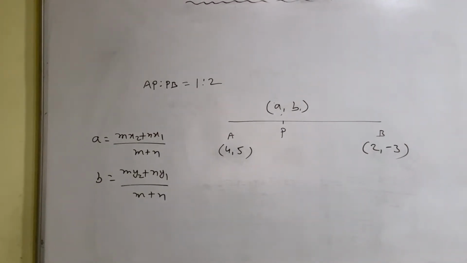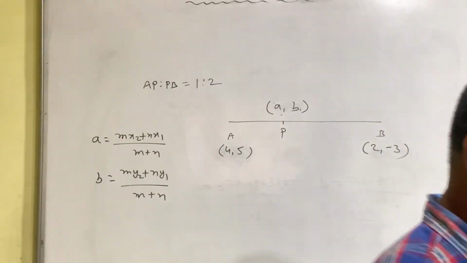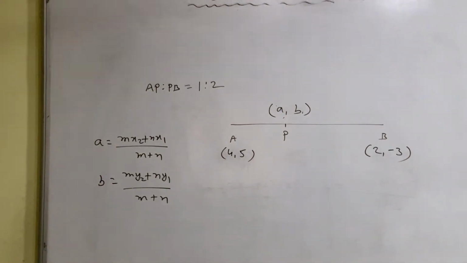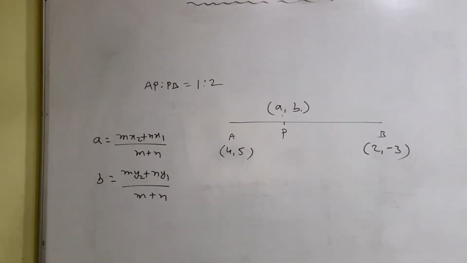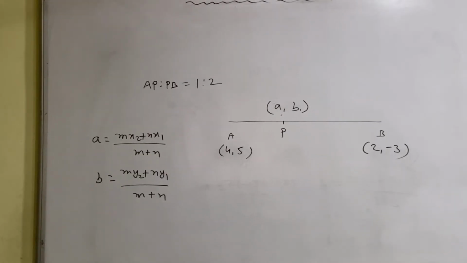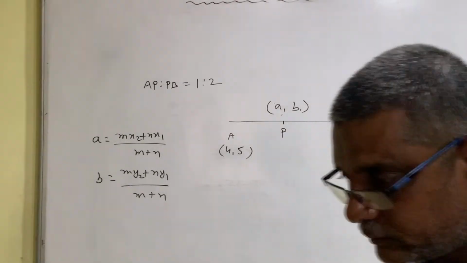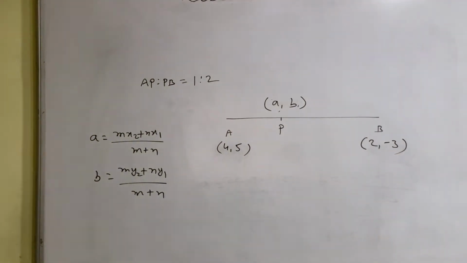Find out the coordinates of P fast. Ten by 3 comma 7 by 3.